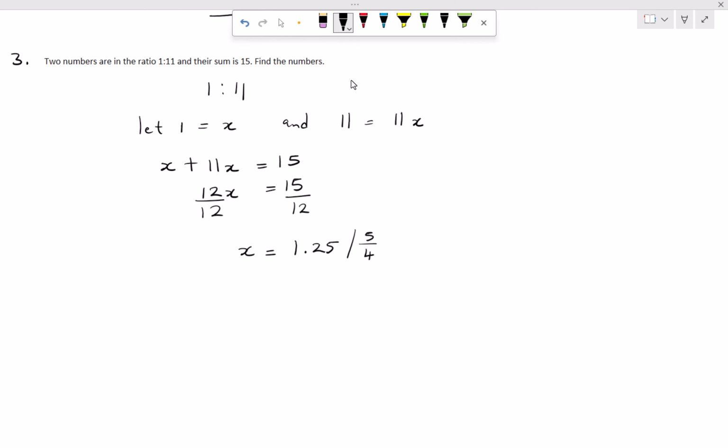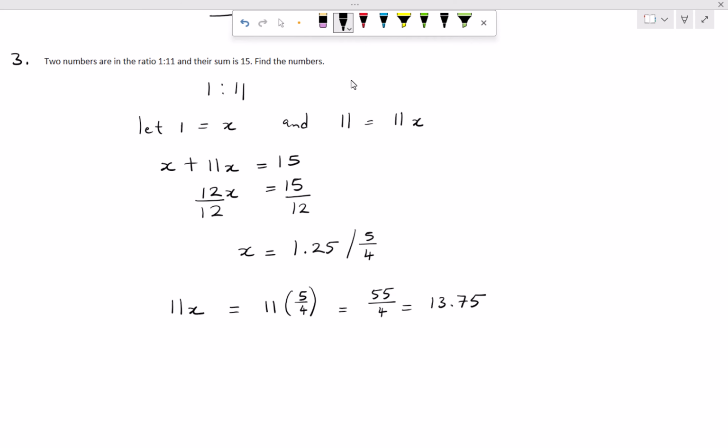So now we want to find what those two numbers are. So we have x, which is one of the numbers, but the other number, remember, is 11x. So we're going to multiply 11 by either 1.25 or 5/4. Let's just take the fraction. So when we do this, we remain with 55/4, and this gives us 13.75.